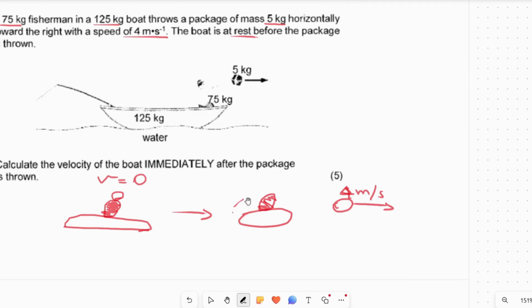Now we're going to look at this as one object, and this as another object, because this remains as a system, since the fisherman is still in the boat even after throwing. The only thing that was left was the package. So therefore, we're going to look at this as two objects. Object number 1 is the fisherman and the boat. Then object number 2 is the package.